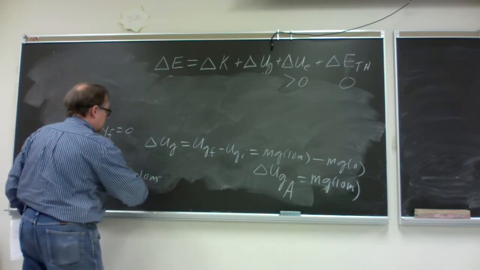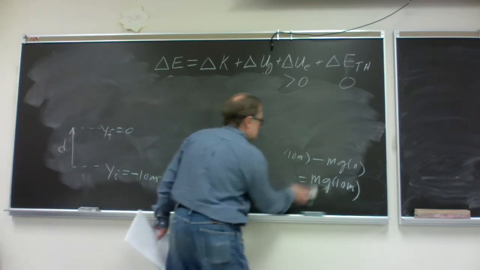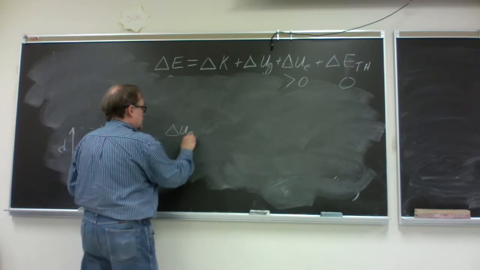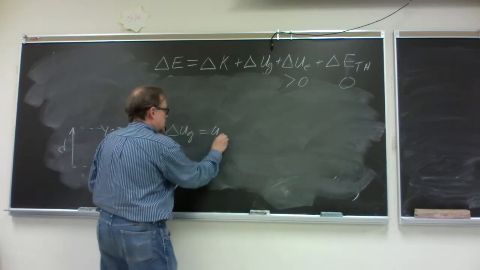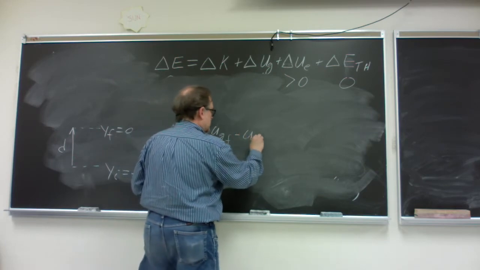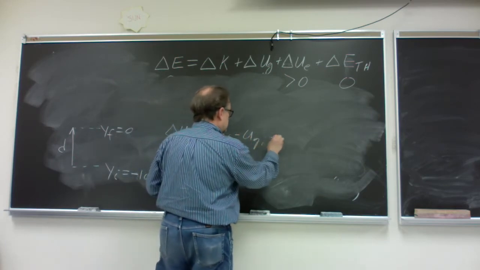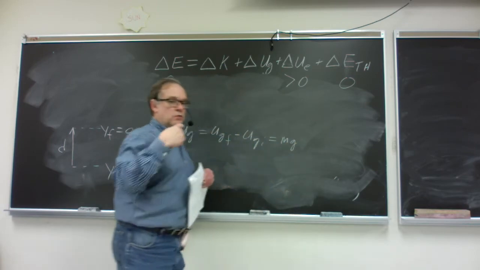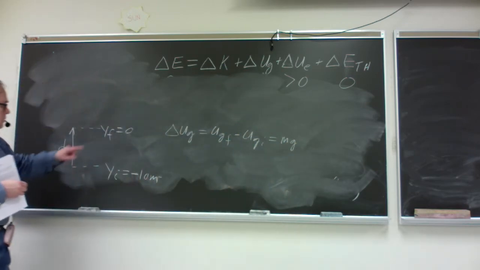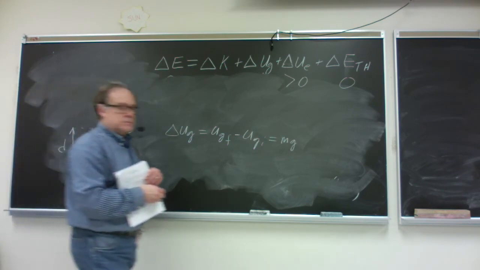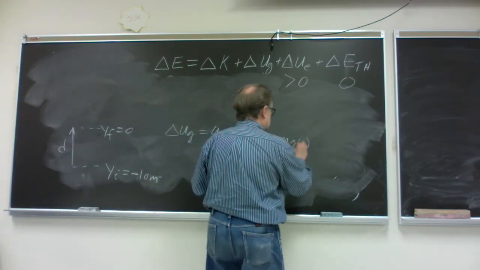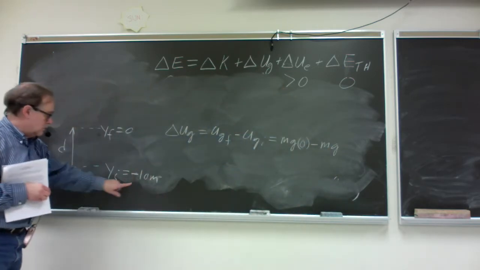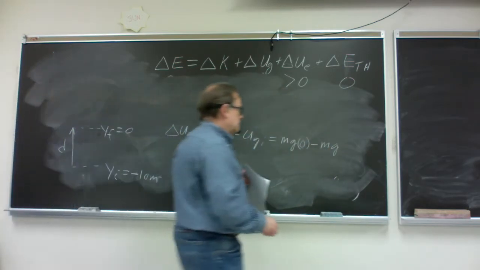So in that case, change in gravitational potential energy is just final gravitational potential energy minus initial gravitational potential energy. So mg times final elevation, which is 0, minus mg times initial elevation, which is minus 10.